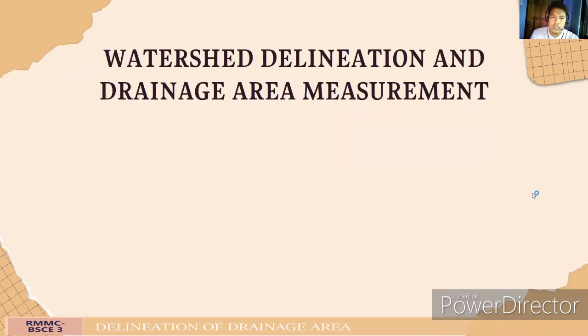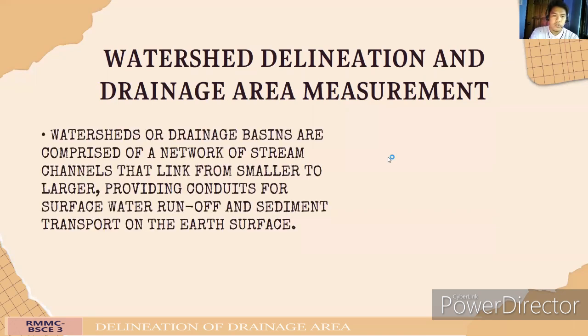So next, watershed delineation and drainage area measurement. Watersheds or drainage basins are comprised of a network of streams and channels that link from smaller to larger, providing conduits for surface water runoff and sediment transport on the Earth's surface, like lakes or rivers.